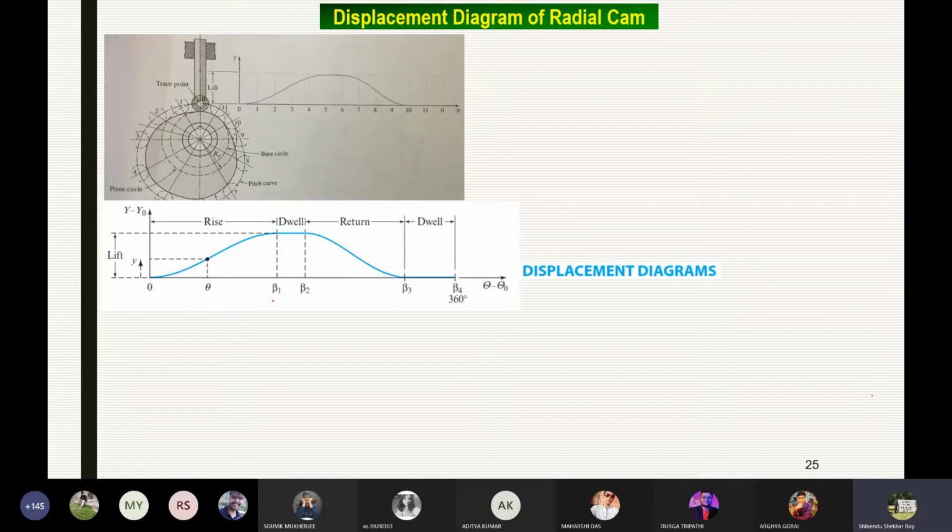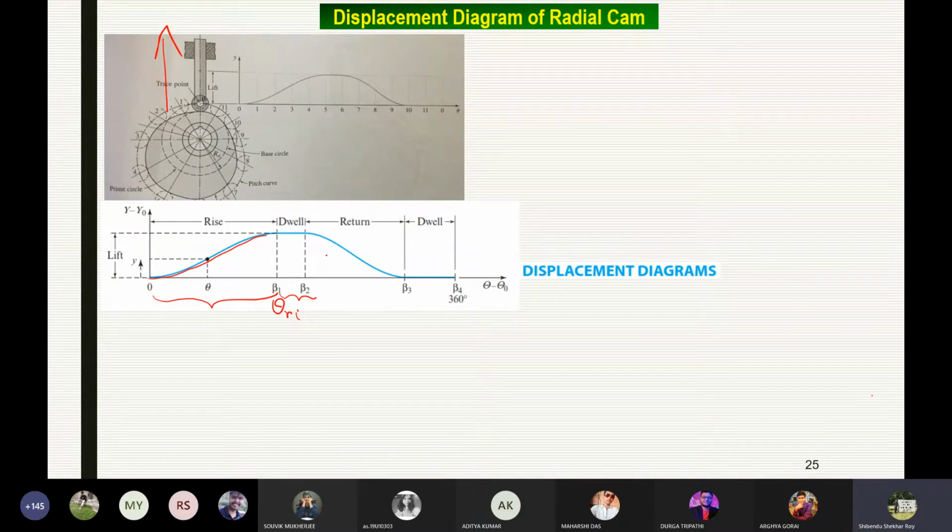Here this one is theta Ri. That means from 0 to theta Ri, during that portion of the rotation of the cam, there is a rise of the follower. That means the follower will move upward, away from the center. After that, the follower will have no displacement. The follower is stationary, but the cam will move.